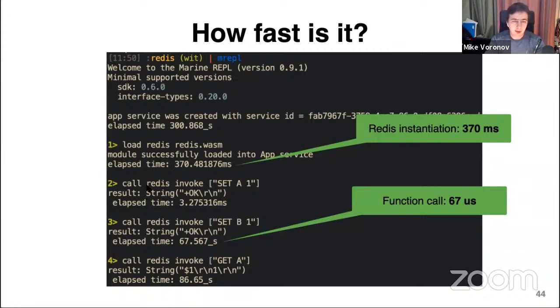Then you could see that the first call of a function in Redis takes about 3 milliseconds, and a second, and all following times it will take about 70 microseconds. This is the fish shell, and the fish for some reason can't print mu. But believe me, it's mu, it's microseconds.